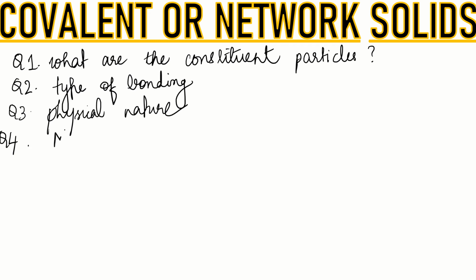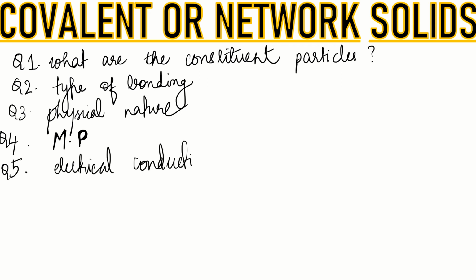Here also, just like metallic solids, we will only study the melting point. Boiling point we are not going to look at. Then their electrical conductivity, and some of the examples. Just answer these 6 questions and this is done.